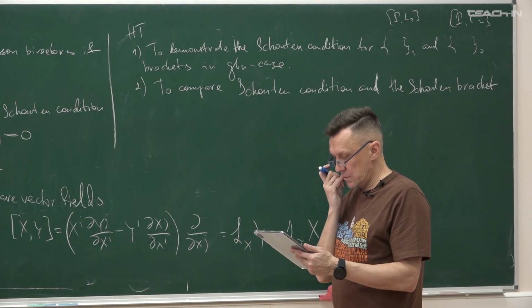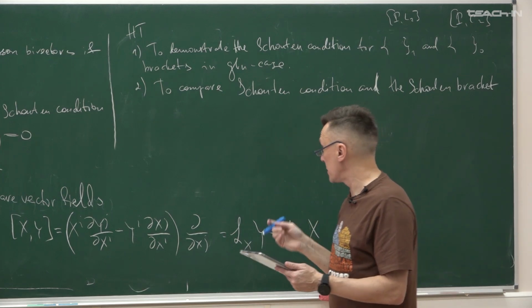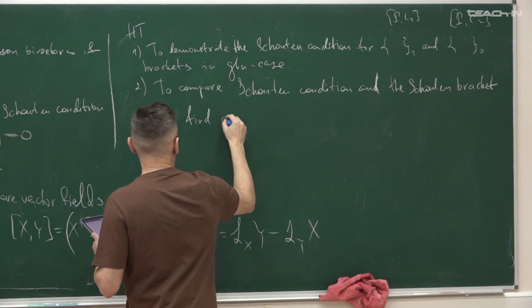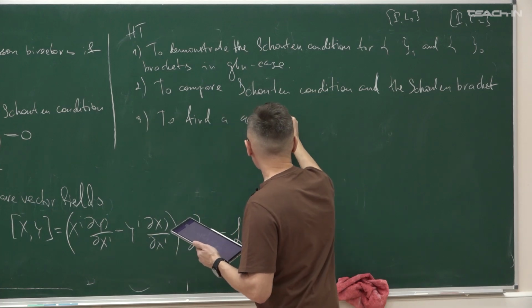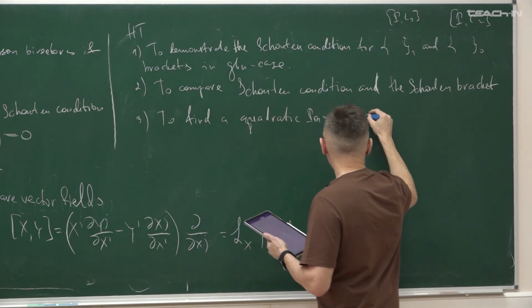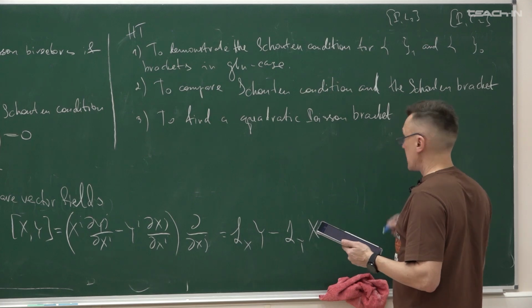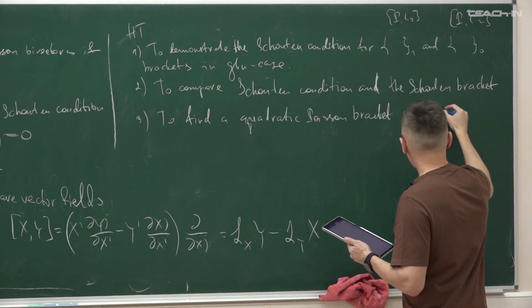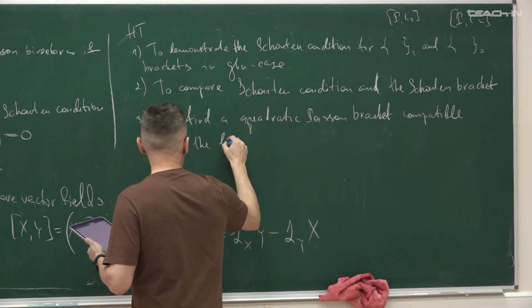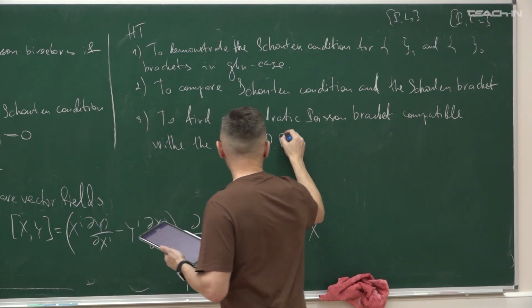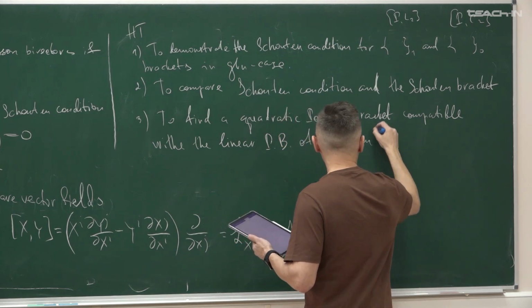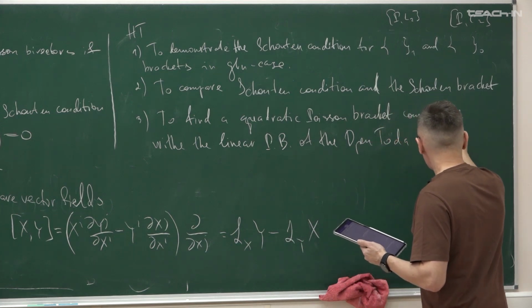And another question will be to find a quadratic Poisson bracket compatible with the linear Poisson bracket of the open Toda chain.